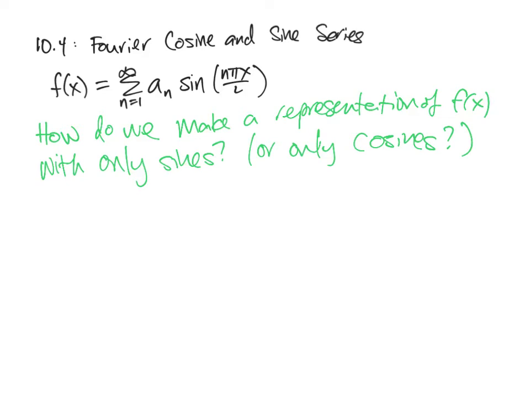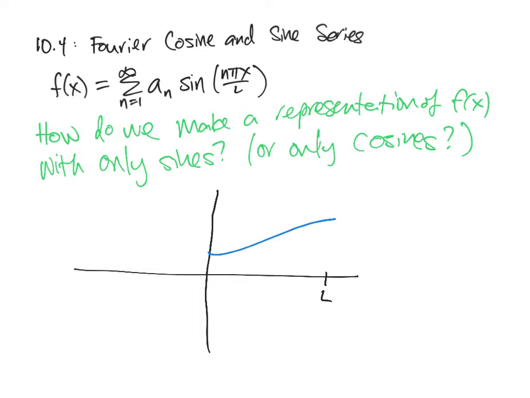So the observation we're going to make is that we have our function f, which is defined from 0 to L. So let's say it looks like this. Okay, so this is our f of x.